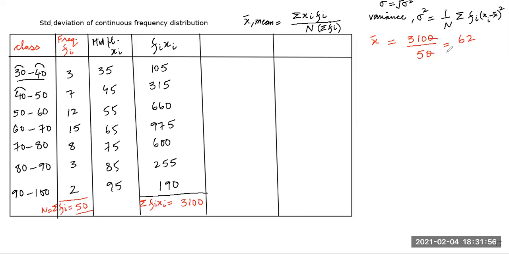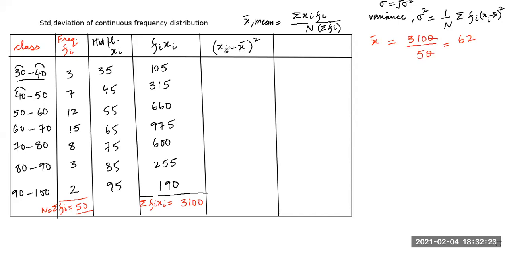Fine, students. After I have found out the mean, now I want to go further to find out the variance. For variance, I need xi minus x bar whole square and then multiply that by fi. So first I will find out xi minus x bar whole square. You can make two columns also.